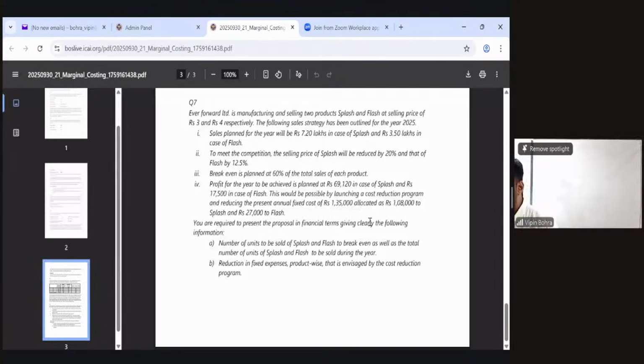Examiner can ask these types of questions. So just try to solve this question. How you will deal with if this type of question comes in exam.